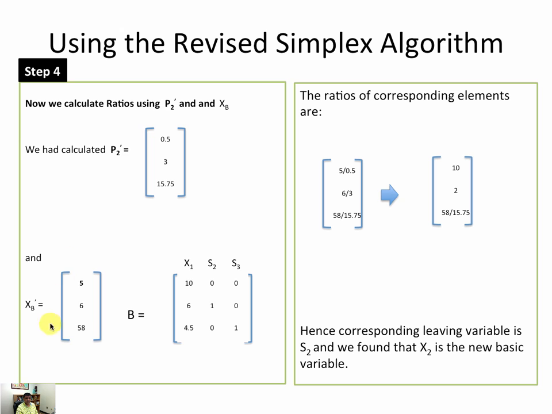We had calculated XB prime as 5, 6, 58, so our ratio becomes 5 divided by 0.5, 6 divided by 3, and 58 divided by 15.75. Your answers are shown here, and we have to find the smallest positive, which is 2, and it points to S2. So the leaving variable is S2, and we had found that X2 is the new basic variable.